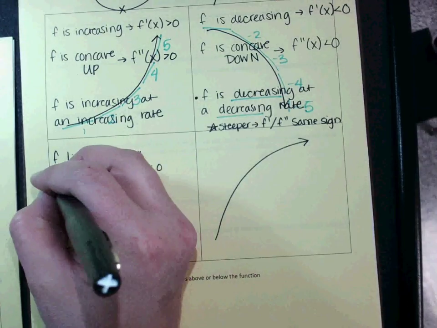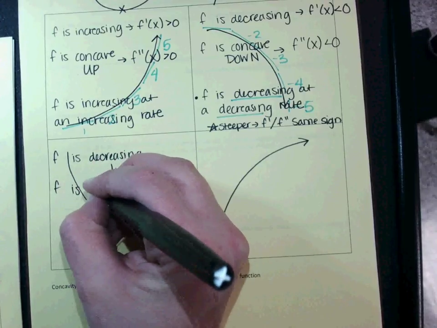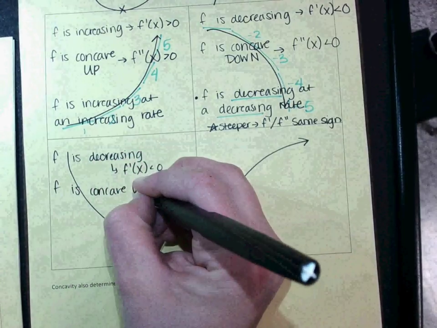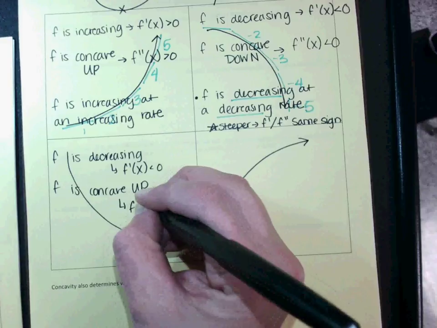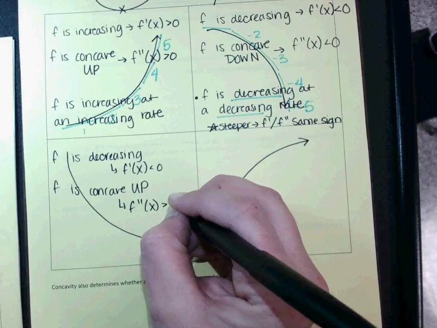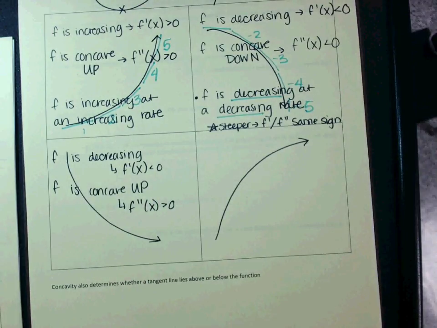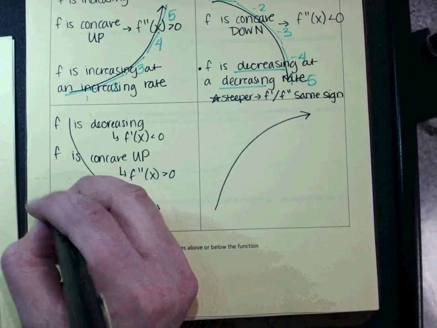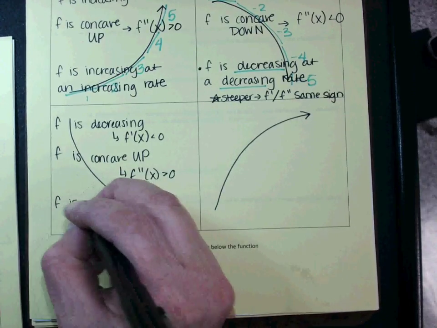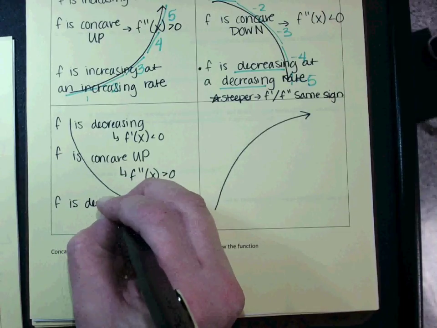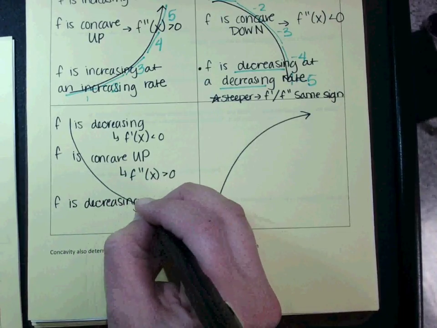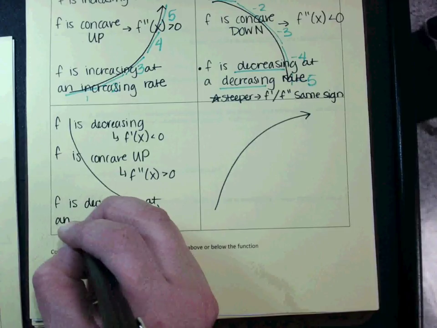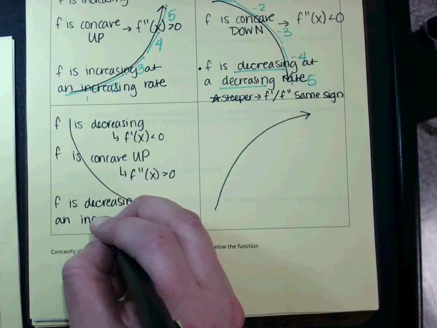Up like a cup. f is concave up. What does that tell us about f double prime? That it's greater than 0. So here's what you would say: f is decreasing at an increasing rate.